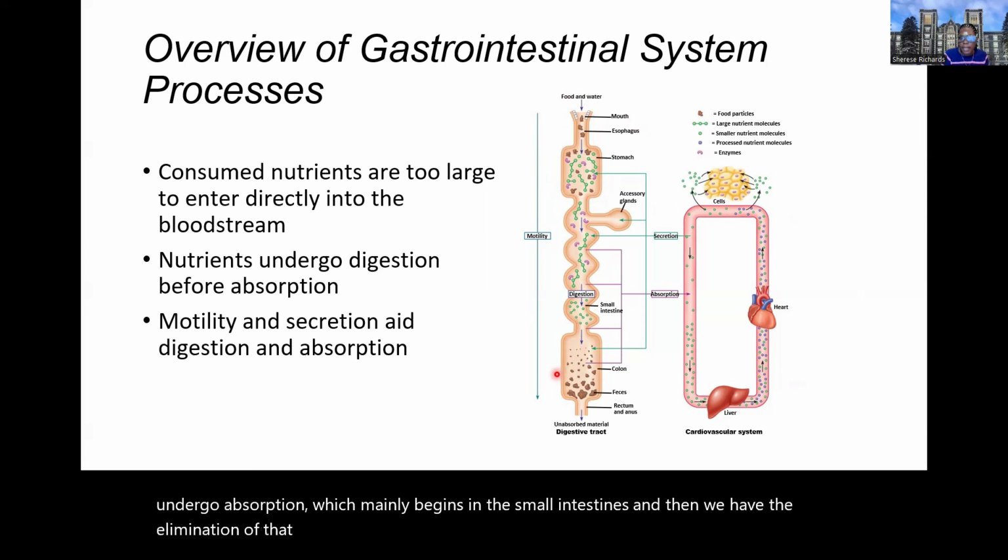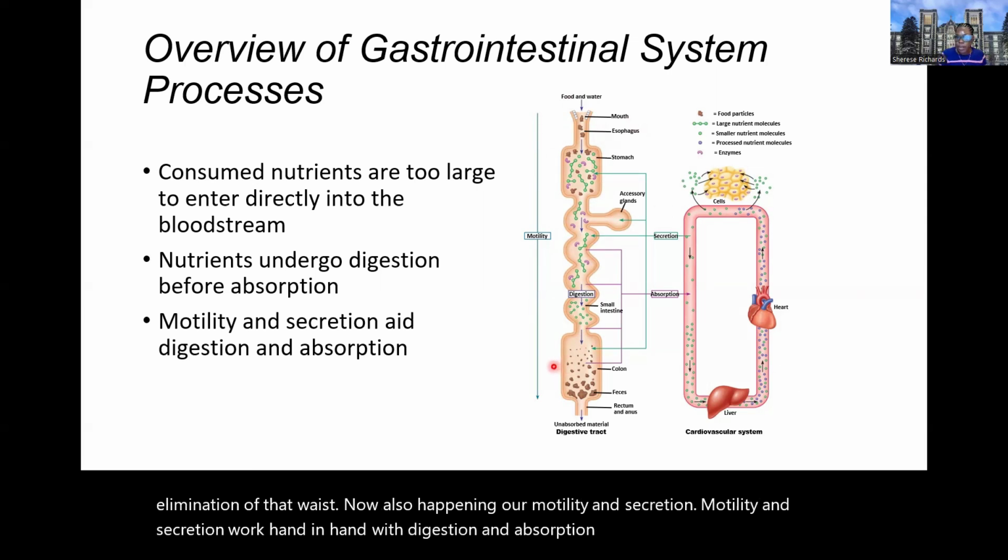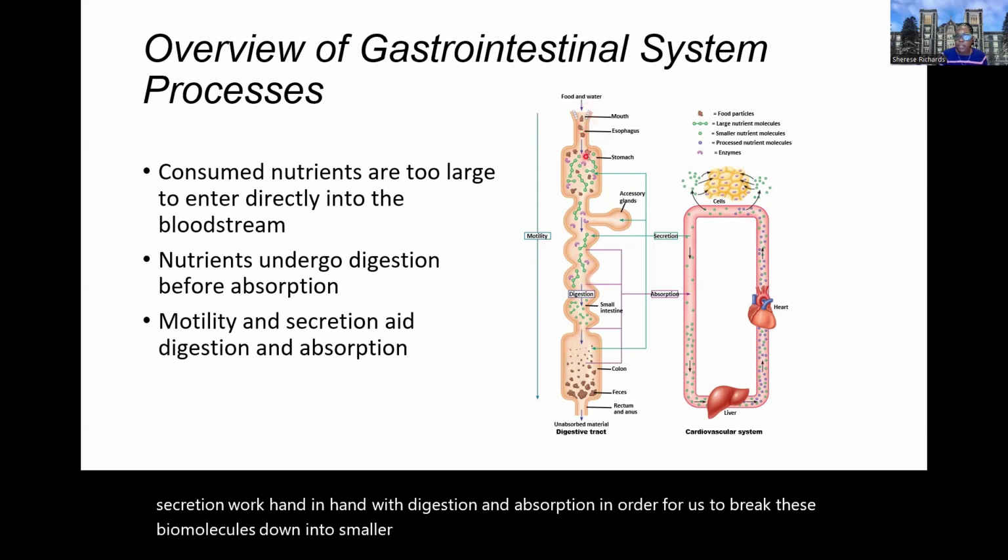Now, also happening are motility and secretion. Motility and secretion work hand in hand with digestion and absorption. In order for us to break these biomolecules down into smaller components, we have to effectively move them through the tract, the gastrointestinal tract, and that requires peristalsis.